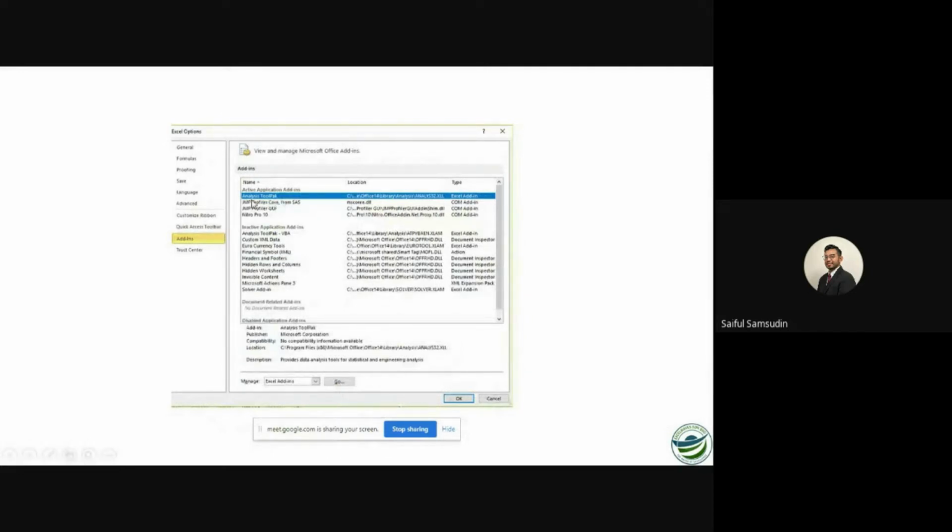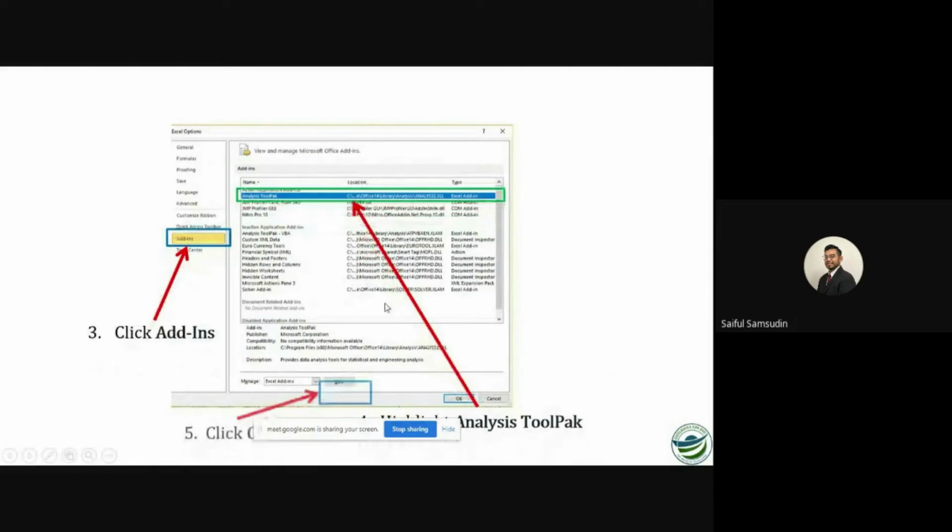You click the analysis toolpak, and then you click go.